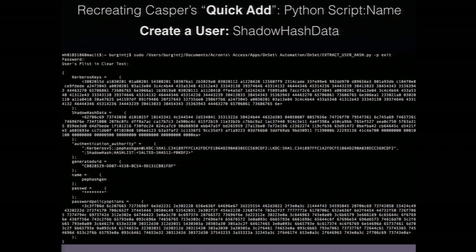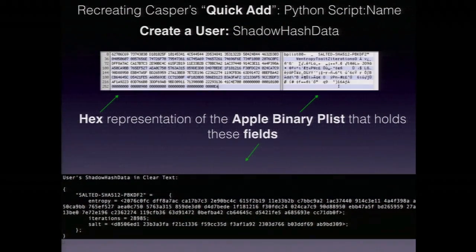Here's another look at it, and this next slide shows it pretty well. Here's the hex representation of the Apple binary plist. Here's what the gobbledygook looks like when we actually read it in. And then this is the clear text version. And this is what all the fuss is about. Does this make sense, or did I totally lose you guys?